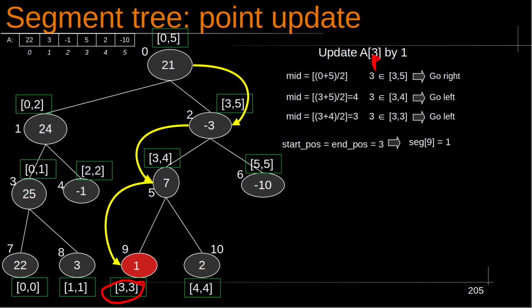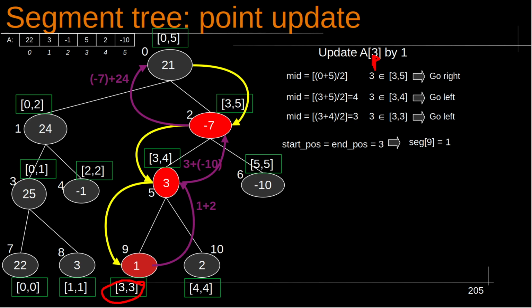Okay, now I need to come back to the parents, come back on this path and update all the nodes in between. So here 1 plus 2 is equal to 3, and come back to the previous node. 3 plus minus 10 is equal to minus 7, and come back to the root, of course.